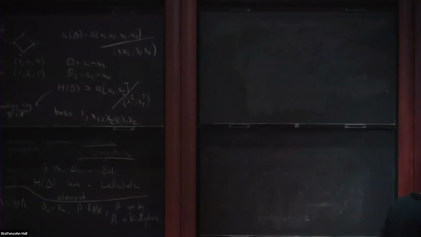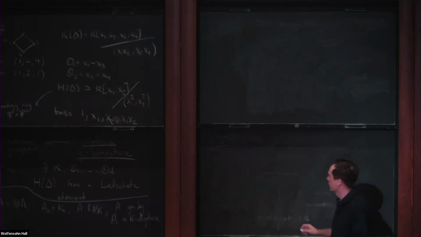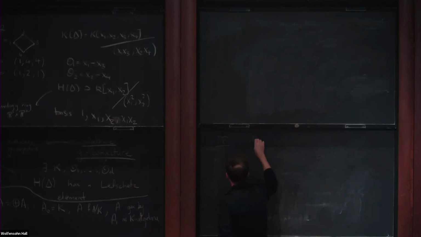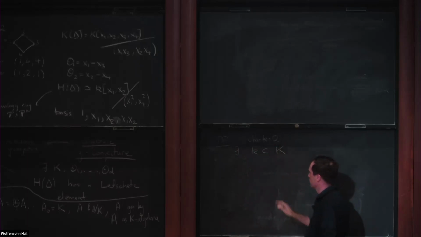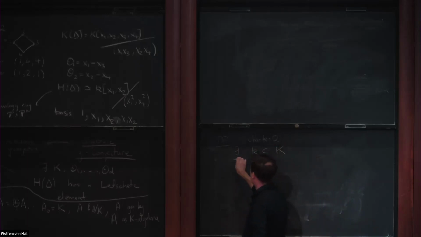Okay, so now I can state what Papadakis and Petrotou's result was. They said you take a field of characteristic 2, then there exists a field extension, which is going to be my big K, and there exist theta 1 through theta d.